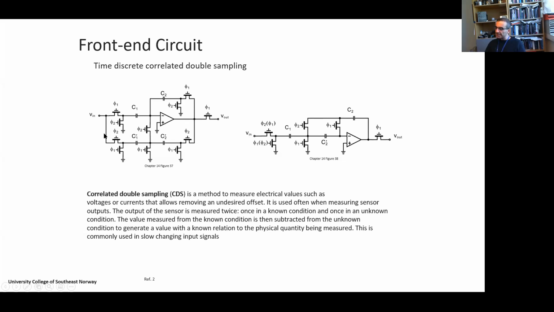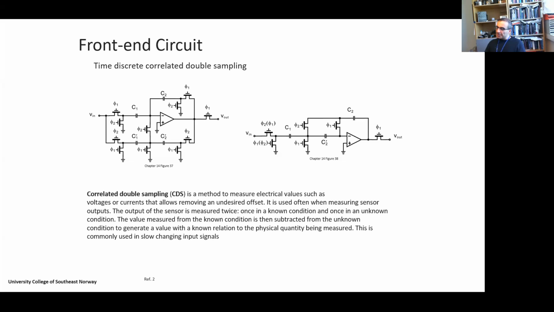Basically, the idea is that you have some capacitors in the circuit that store the unwanted values in one period, and then in the next period, by adding or removing these unwanted values from the signal, we can get a better signal out.